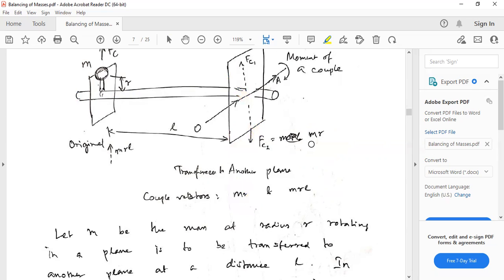This force mr will cause a moment about this point. The force is mr, the length is l, so mrl will be the value of the couple. We can take it as force multiplied by the distance. That is the couple only, right? So this is the couple value and this is the force value.